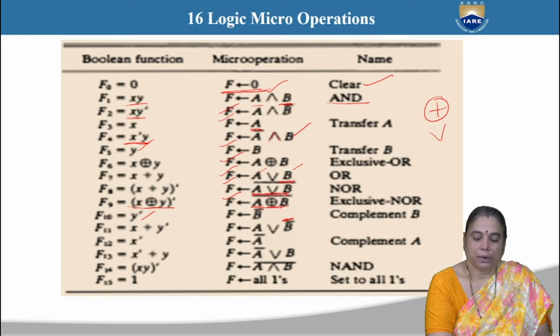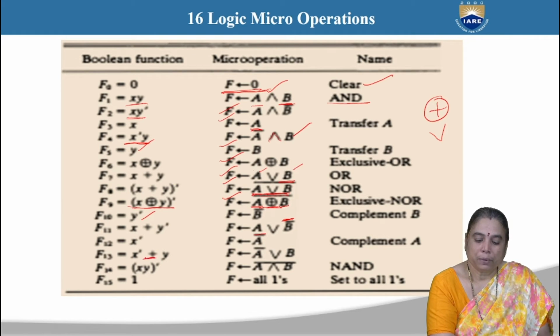Next logical operation is X complement. The first number can be complemented, and the result can be stored in the F. So here the A value is complemented, and the result has to be moved to F. Next logical operation is X complement plus Y. The first number can be complemented.